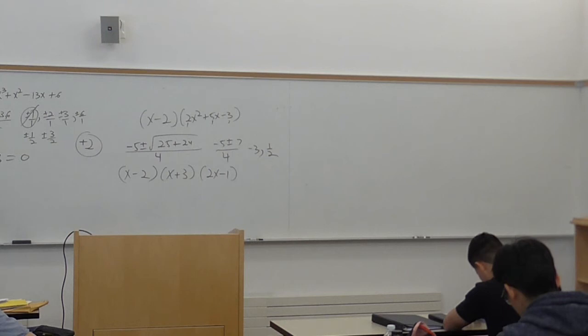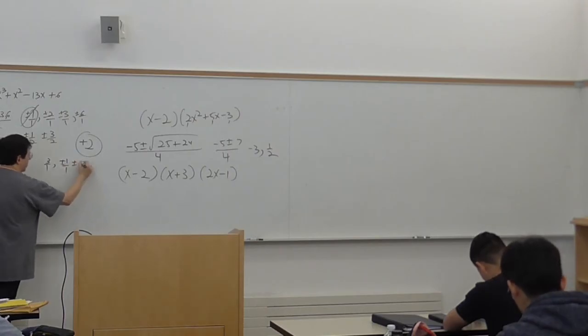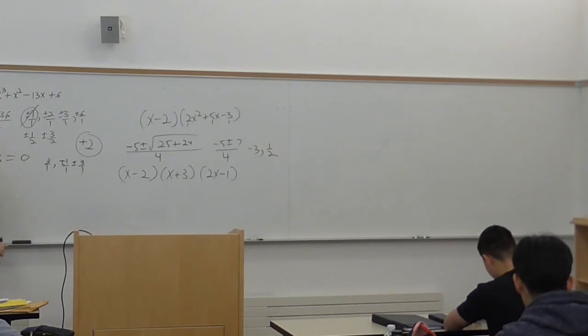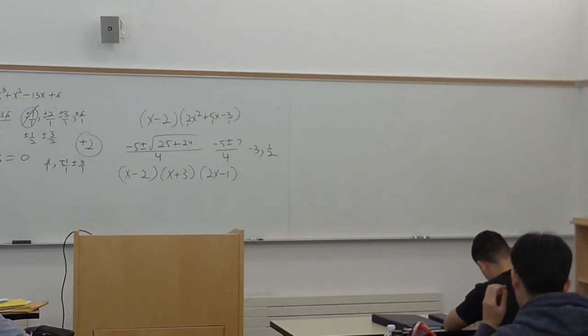Oh, it's pretty easy. It's 3 over 1, so it can only be plus or minus 1 or plus or minus 3 over 1. Well, clearly 1 and minus 1 don't work, right? Clearly 3 and minus 3 don't work. So I know right away this has no rational roots. That's helpful.